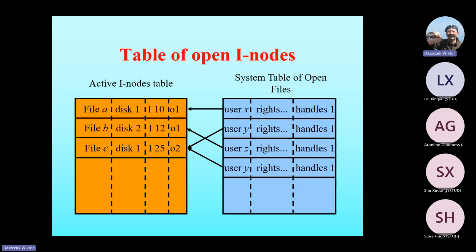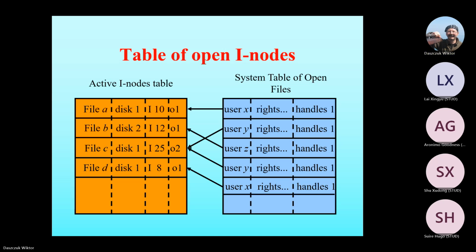Let's look what happens if we open file D. New entry is created in active inode table, and new entry is created in system table of open files of user X with given rights. But if we open file C, it is open already.